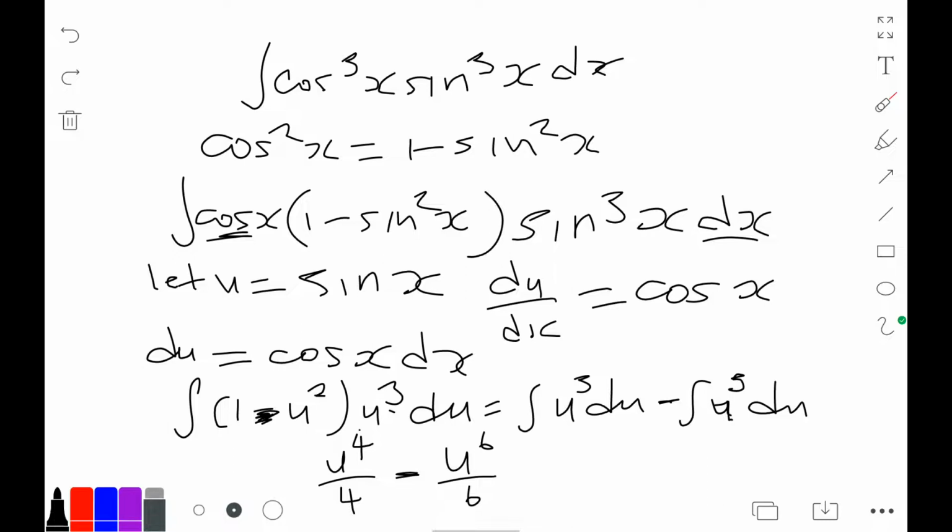So this is the answer. So we can substitute back. When we substitute back, our u, remember, is sine. So it's going to be sine 4x over 4 minus sine 6x over 6 plus c.